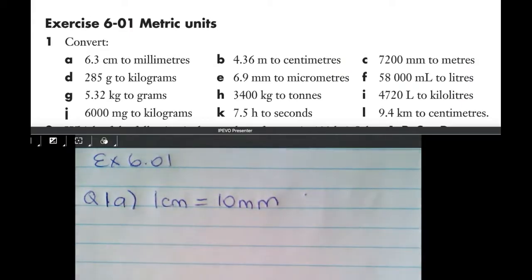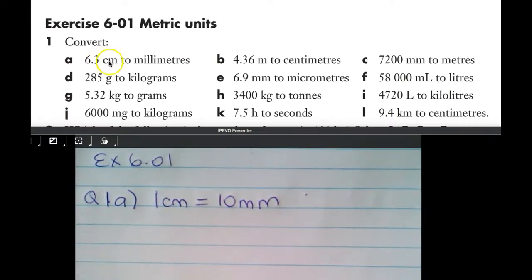13 centimetres to millimetres. You need to know the conversion. This one is off your ruler, that 1 centimetre is 10 millimetres. Can you see when you're going from centimetres to millimetres, you end up with a bigger number? You've always got more millimetres than centimetres.